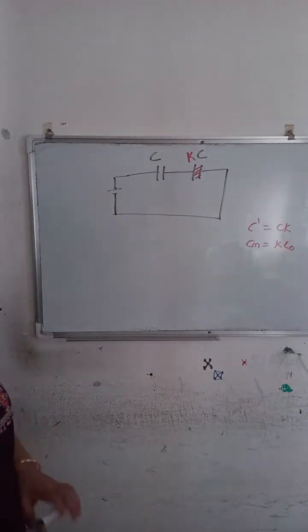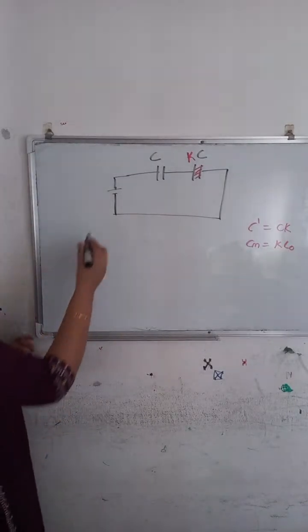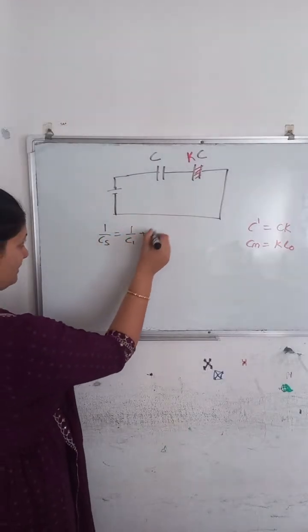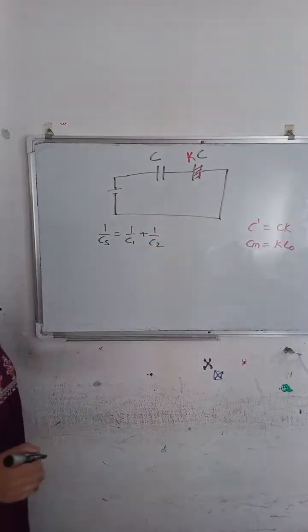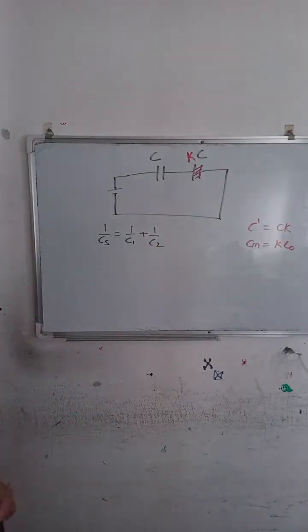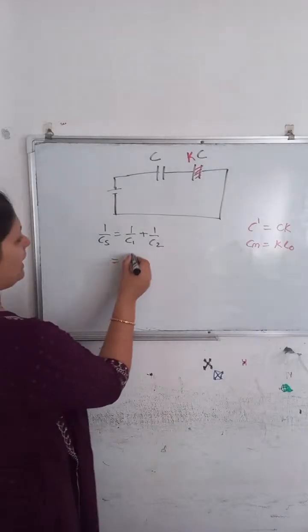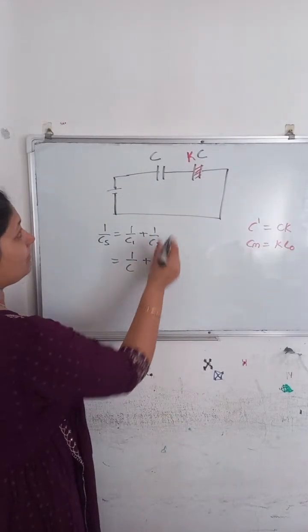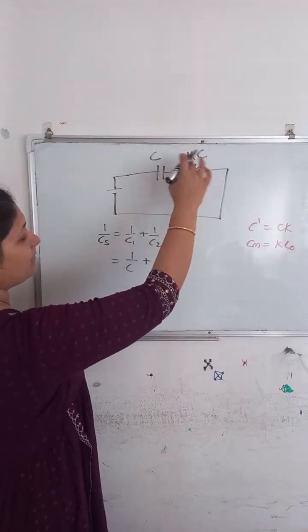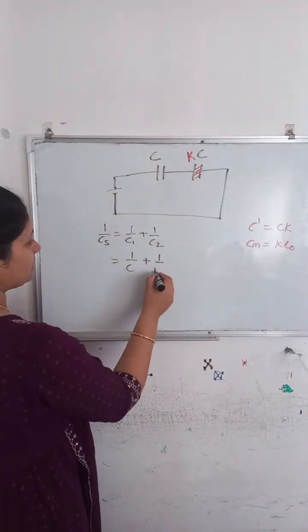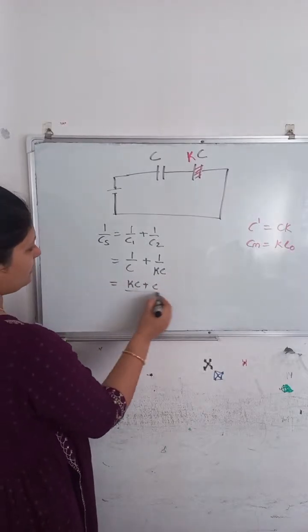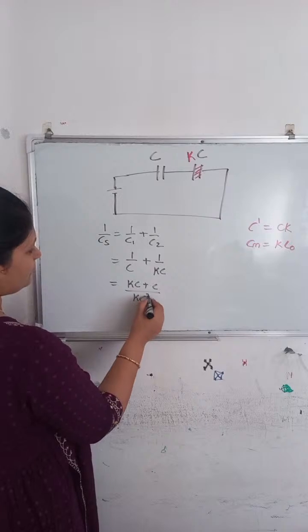Now they both are connected in series, which means we can calculate 1 upon Cs is equal to 1 upon C1 plus 1 upon C2, correct? We did it for parallel like this only. The capacitance of this capacitor is C, and the capacitance of this dielectric medium capacitor is K times C. Now simplify: (KC plus C) divided by KC square.